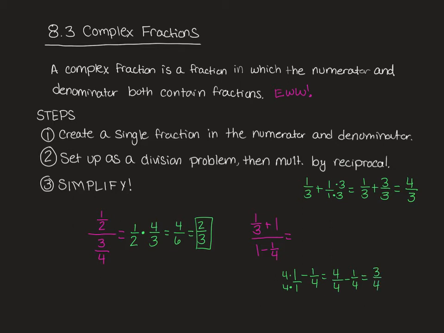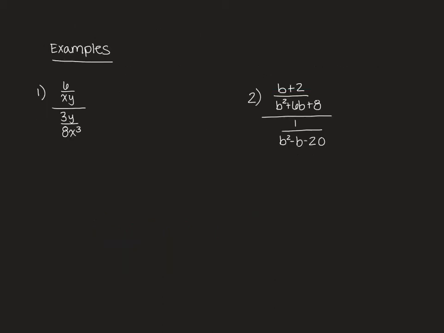So now I have fractions 4/3 divided by 3/4. Okay, so now we do the multiplying by the reciprocal. So I'm going to keep the first one, change to multiplication, and then flip my fraction. So I will get 16/9. So that's how it works with just normal fractions.